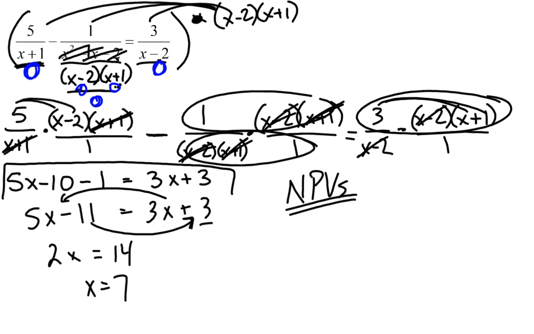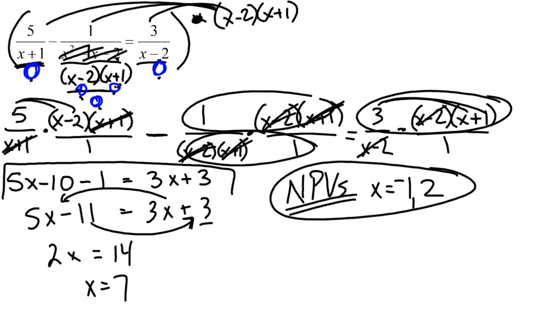Those are where my denominators are. What will make a denominator of 0? Well, if x equaled negative 1. What would make a denominator of 0 here? Well, if x was 2 or negative 1. And a denominator of 0 in the last one, if x was equal to 2. So there's my NPVs, negative 1 and 2.